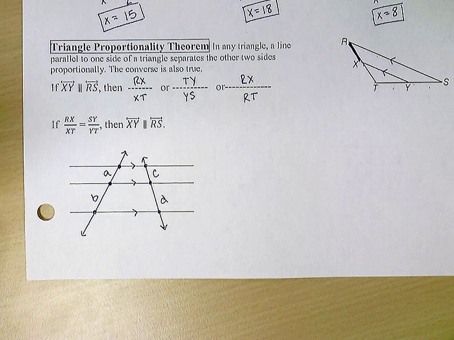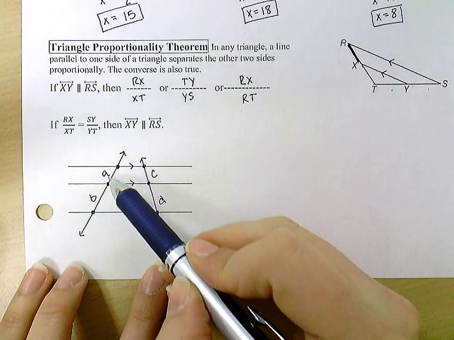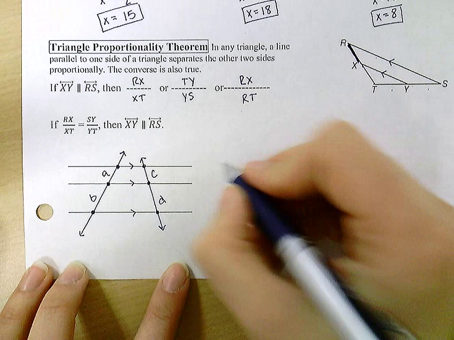So what I'm going to do is set up equal ratios or a proportion using these two lines. I can set up a proportion using A and B as my first ratio.